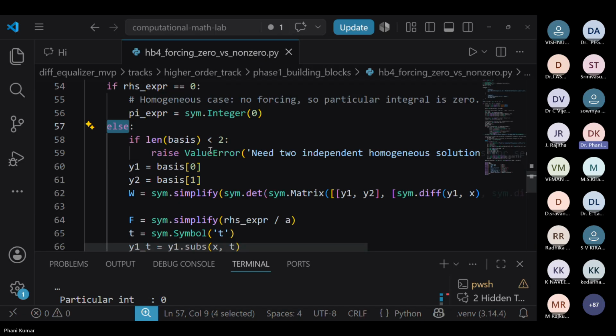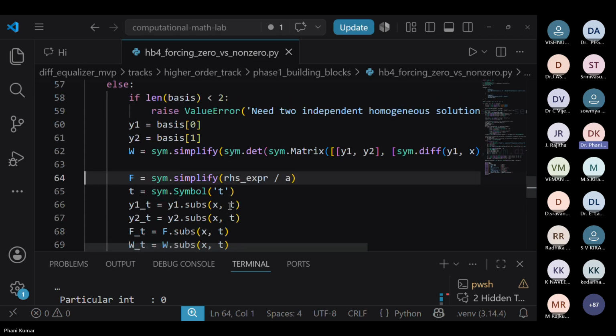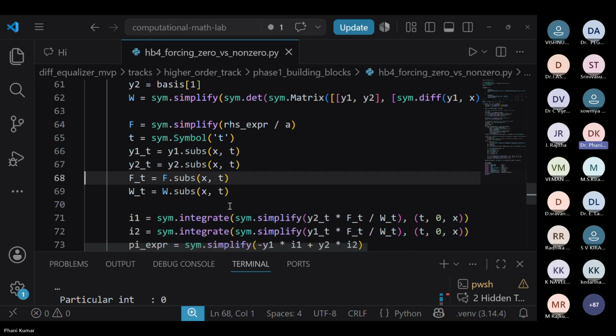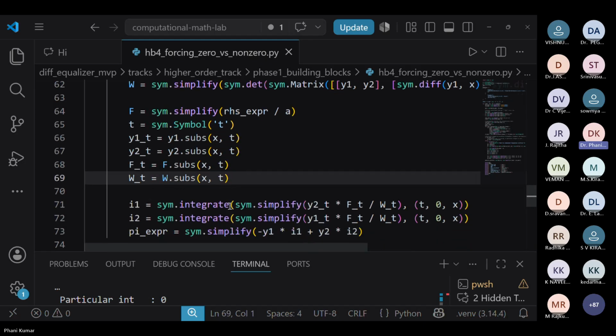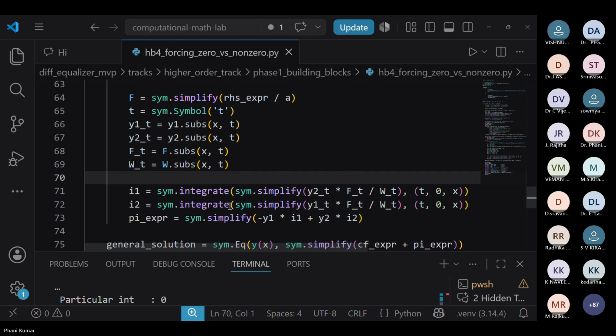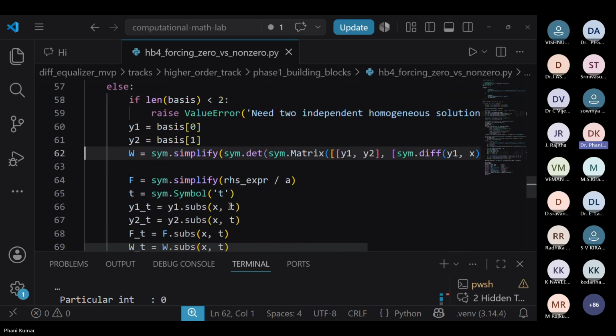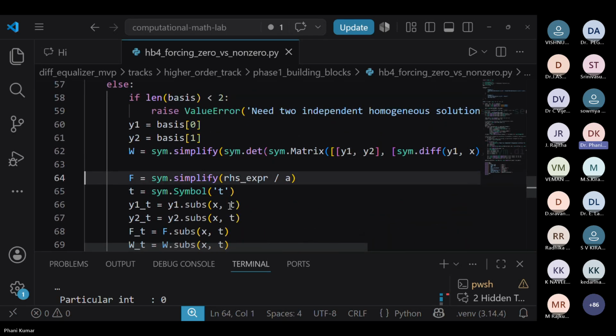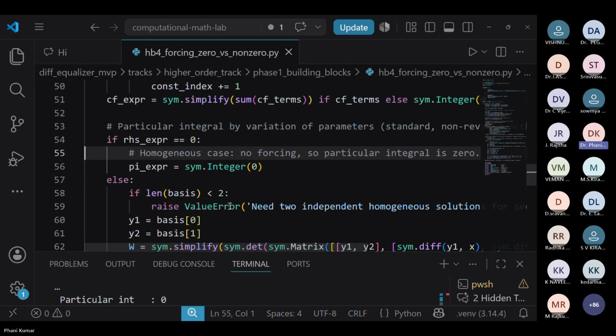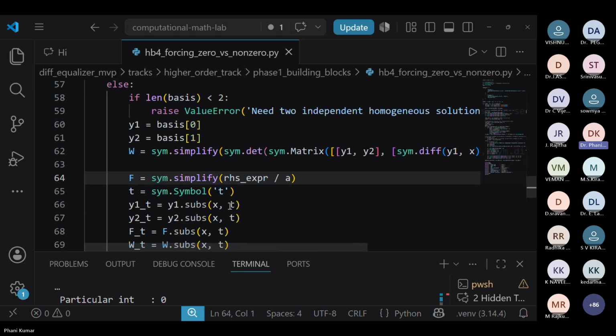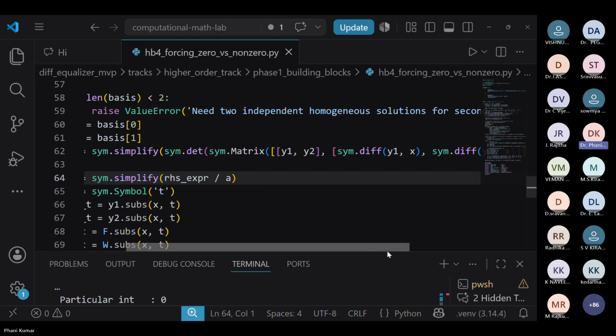So we are using if else. Suppose we are going to check whether the RHS is equal to 0 or not. If RHS is equal to 0, then it is a homogeneous function. If RHS is not equal to 0, then again we are going to take the integration, take the left hand side part to the right hand side part, apply the methods, and take the suitable particular integral function.